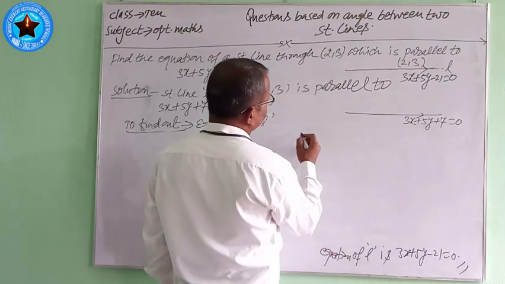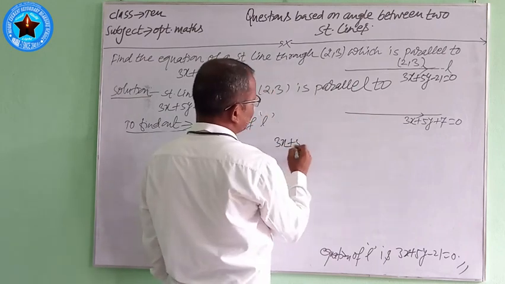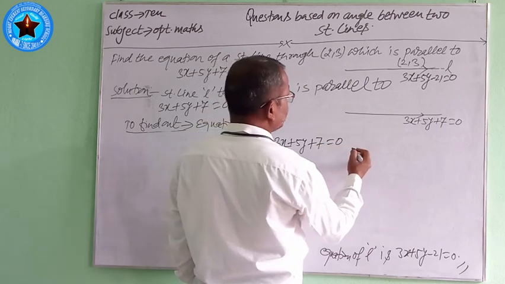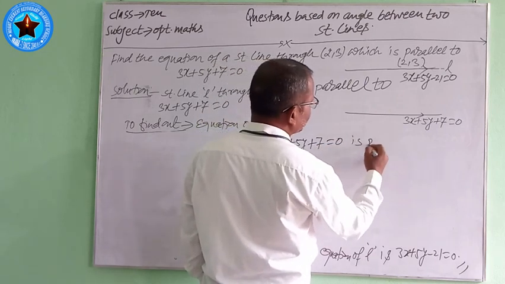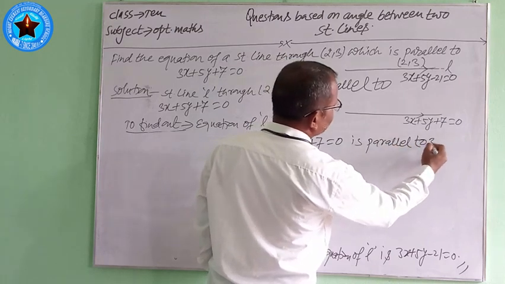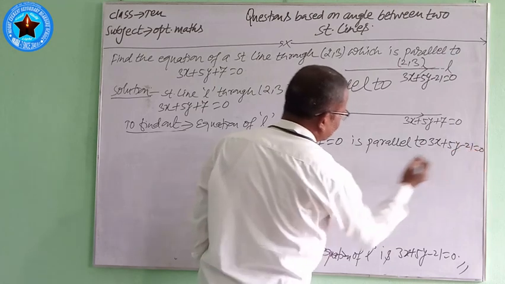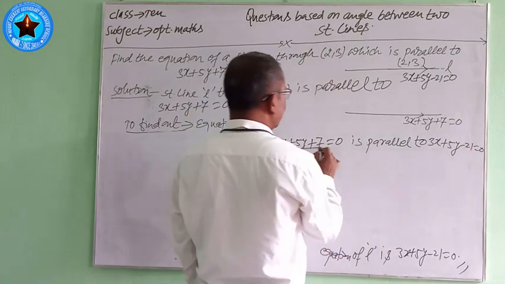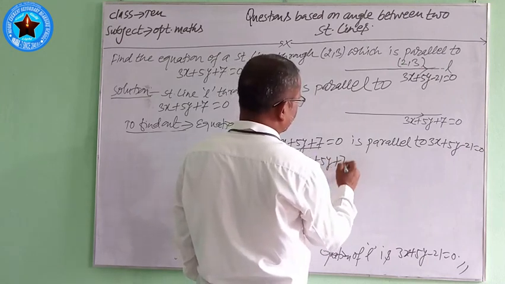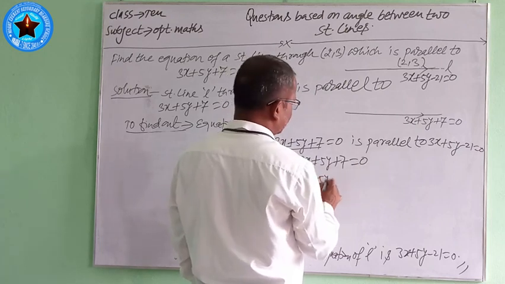If we compare these two, 3x plus 5y plus 7 equals 0 is parallel to 3x plus 5y minus 21 equals 0. Now you study these two equations. What are the differences between these two?